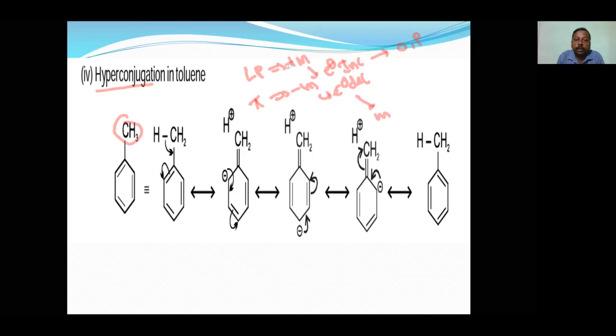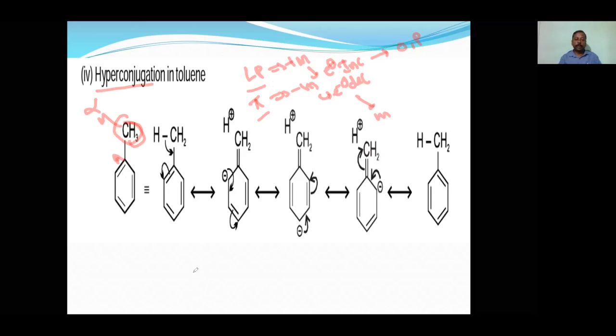See, toluene does not have a pi bond, therefore it cannot be meta directing. Toluene does not have a lone pair, so it should not be ortho para directing. But it is ortho para directing. Why? Because of hyperconjugation. This is the active carbon, this is the alpha carbon. How many hydrogens is the alpha carbon attached to? Three hydrogens. That means toluene has three alpha hydrogens.